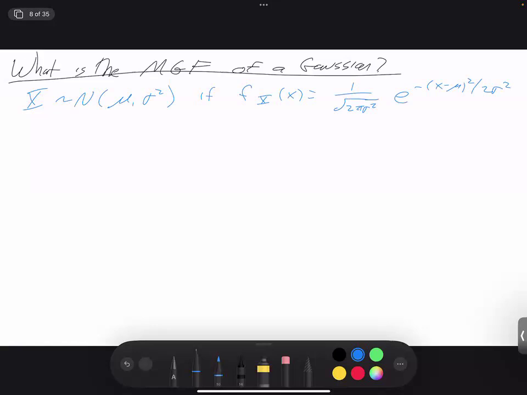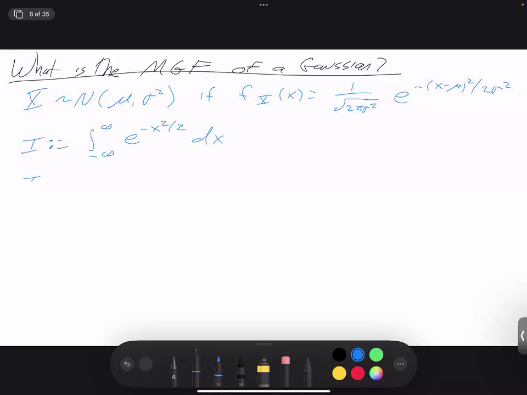We frequently look at the special case when the mean is 0 and the variance is 1. That's the standard normal. The hard part is proving the normalization constant. Just really quickly for completeness, define I to be the integral from minus infinity to infinity of e to the negative x squared over 2 dx. We want to show that it equals the square root of 2 pi.